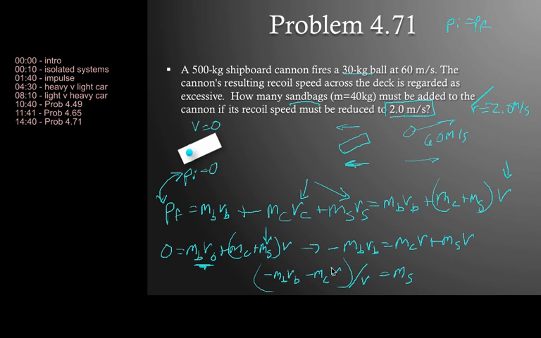So when we plug this in, we need to plug in a minus for that V. And so what we're going to get is about 400 kilograms. So then if you want to know the number of sandbags, we just divide by the mass of each sandbag, and you're going to get about 10 sandbags we need to load up onto this cannon in order to keep the velocity pretty small.